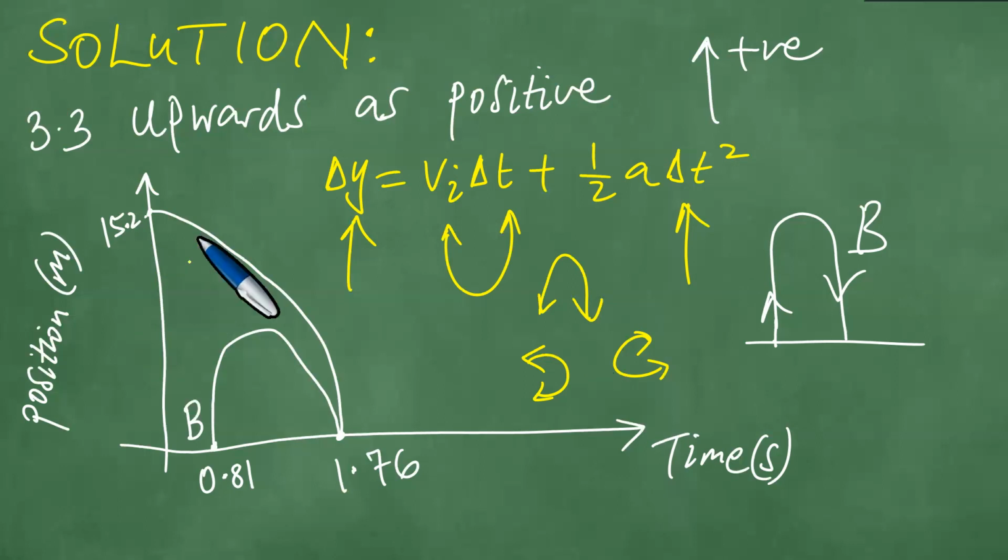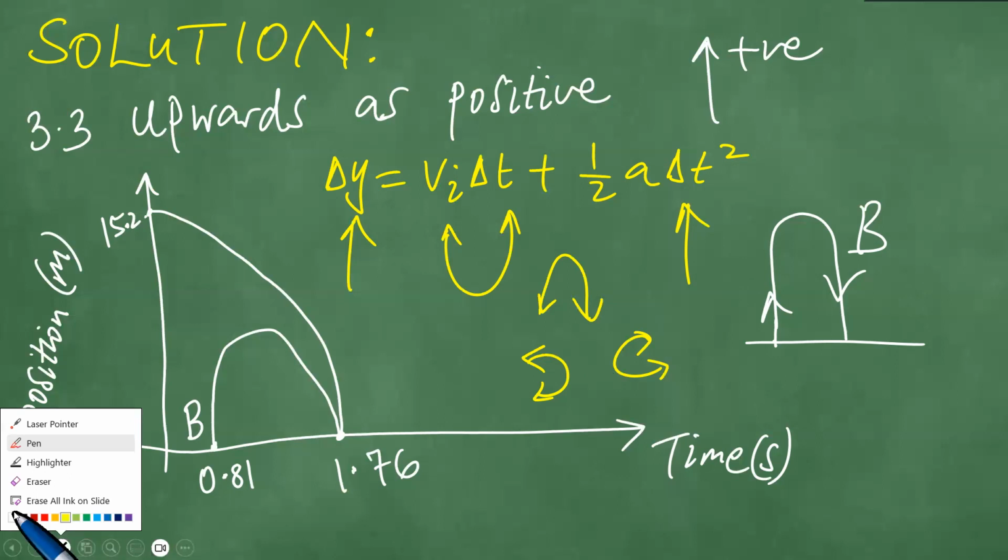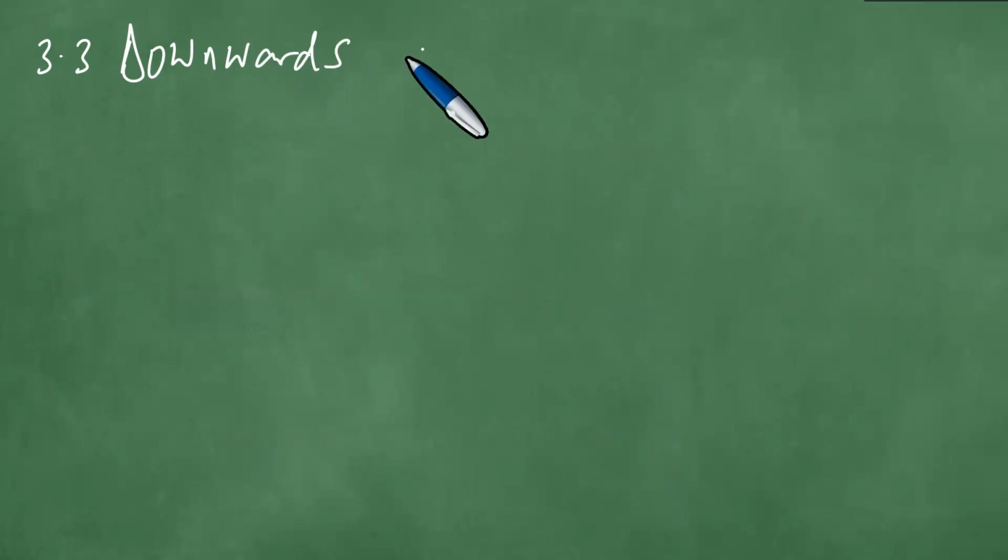But that's when we're choosing upwards as positive, but you can also choose downwards as positive. Let's look at that. 3.3, downwards as positive.